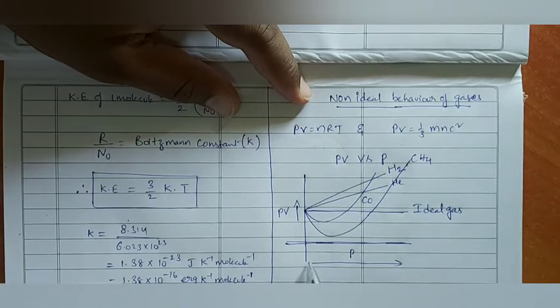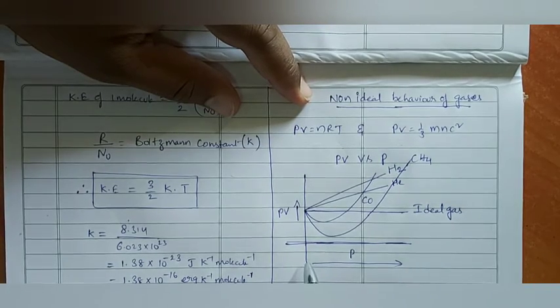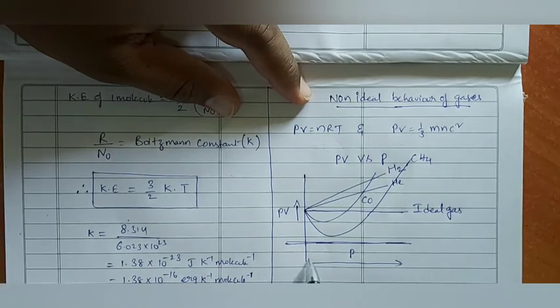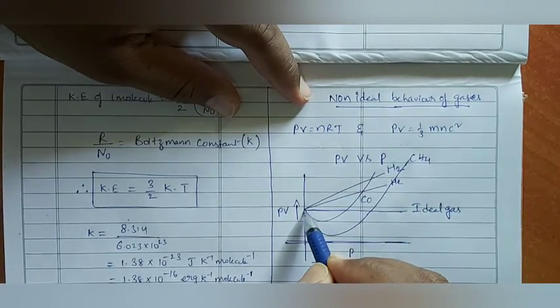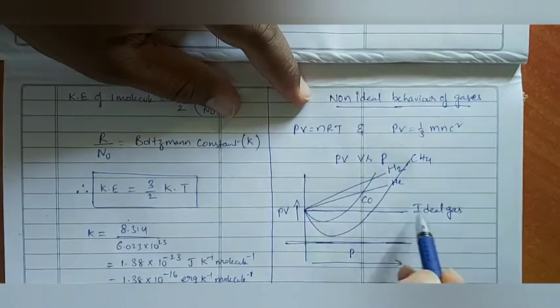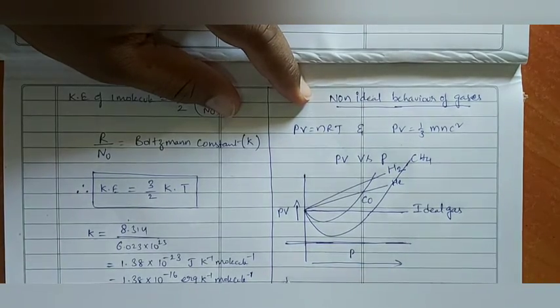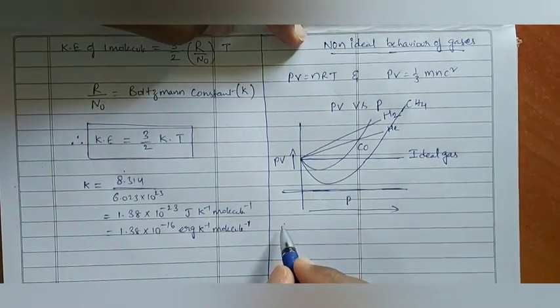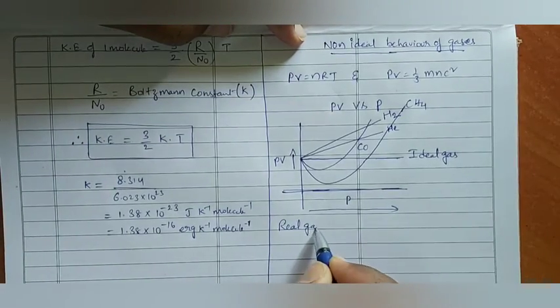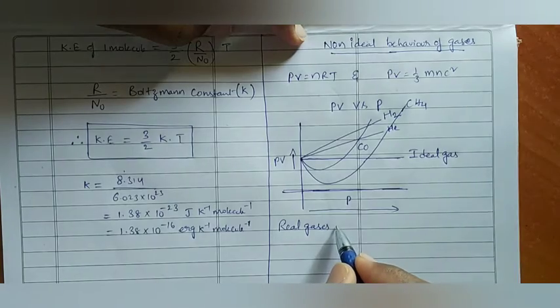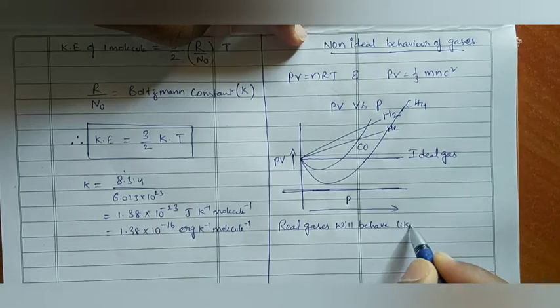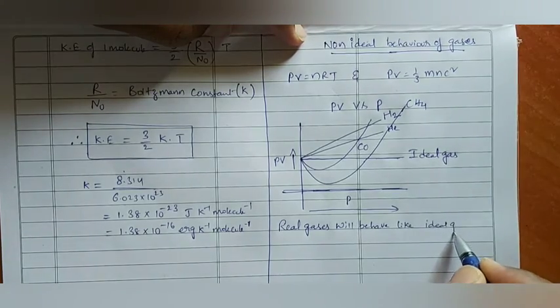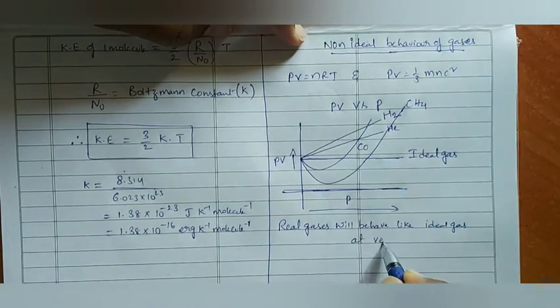This region is nothing but the very low pressure region. From this graph we can understand that at very low pressure, the curves of different gases are approaching the point like ideal gas. That means real gases will behave like ideal gas at very low pressures.